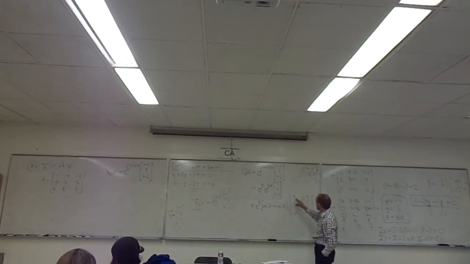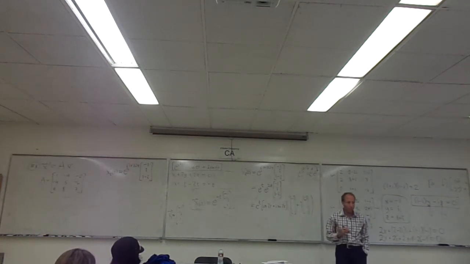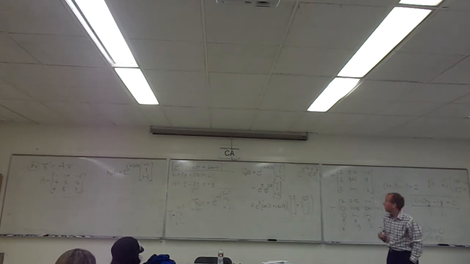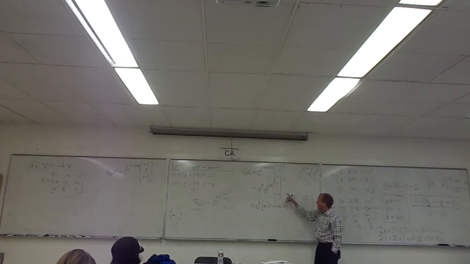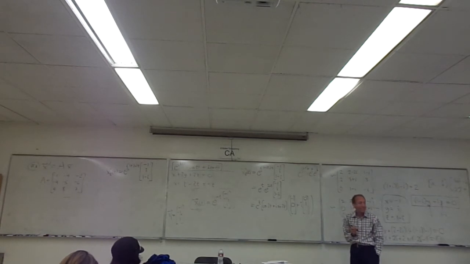In the first entry, I have negative 1, and that's certainly real, and I don't have any imaginary number in the first position. So negative 1 just goes here, there's no i in front of that, okay? And then on the second row, I have something that's purely imaginary. There's no real piece, and there's one factor of i.